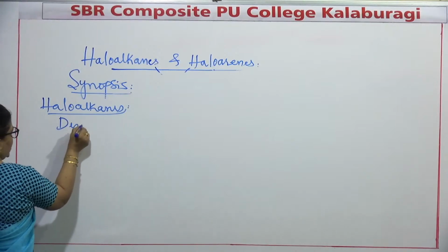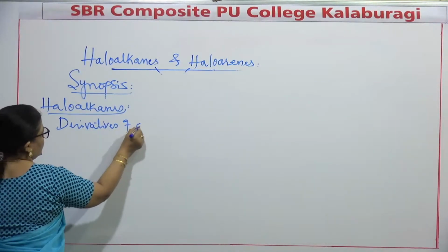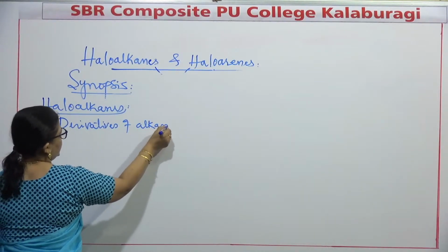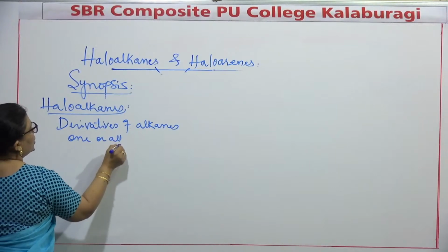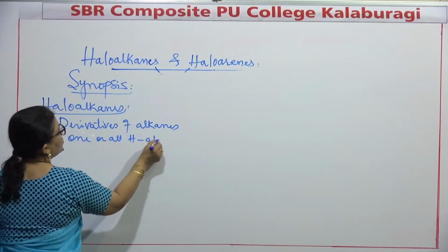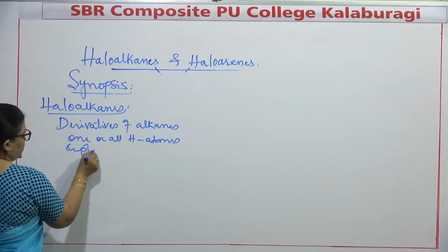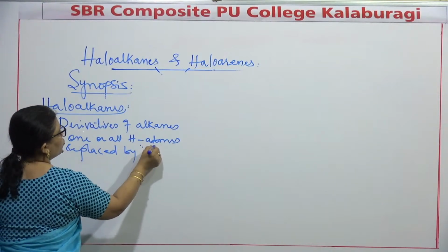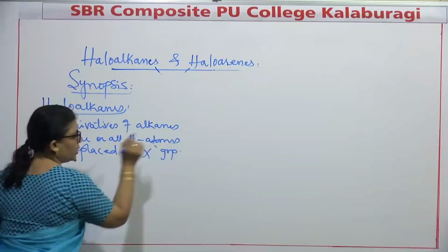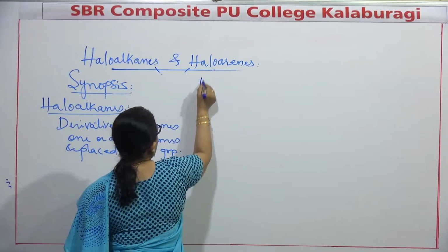What are haloalkanes, children? These are derivatives of alkanes, where one or all hydrogen atoms are replaced by halide group. Then what are haloarenes?